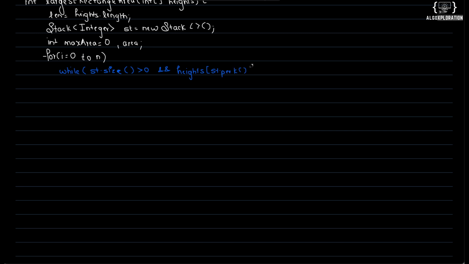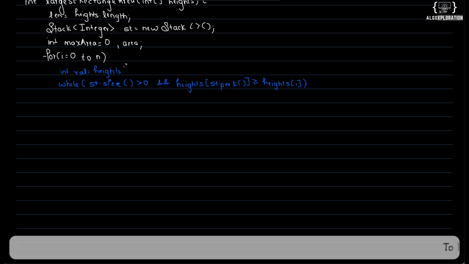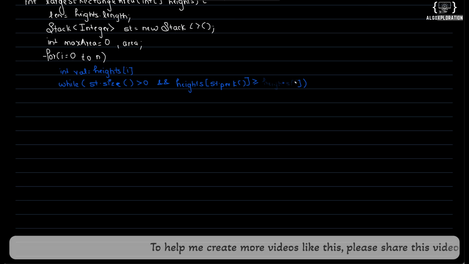First I'll check if that element is greater than the current height, that means height of i. So instead of calculating heights of i again and again, I'll just calculate it at the top. So int val is equal to height of i. And I'll just simply put val over here.